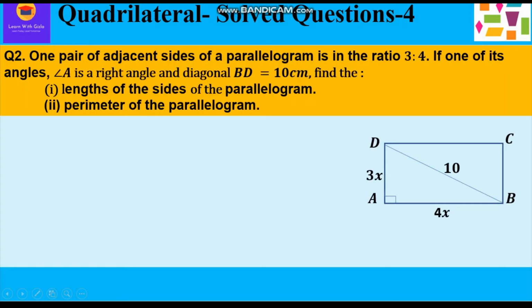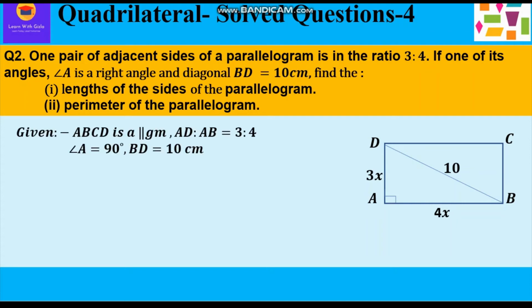One pair of adjacent sides of a parallelogram is in the ratio of 3:4. If one of its angles, angle A, is a right angle and diagonal BD is equal to 10 centimeter, find the length of the sides of the parallelogram and also perimeter of the parallelogram. So given to us ABCD is a parallelogram in which two adjacent sides, let us assume AD is to AB, is equal to 3:4.